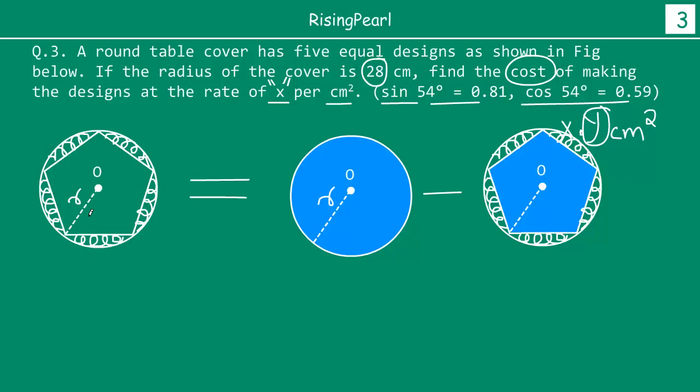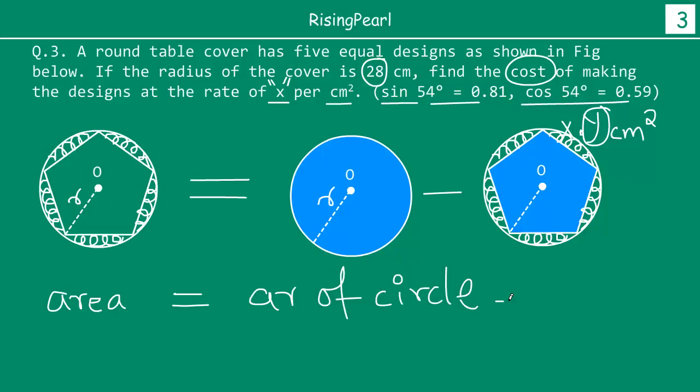So in other words, the area of the design is equal to area of the circle minus area of the pentagon.